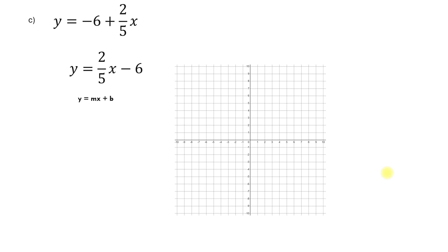So we'll rewrite that y equals -6 plus 2/5 x as y equals 2/5 x minus 6. Just more conventional. Now, our b value, or y-intercept, is -6.